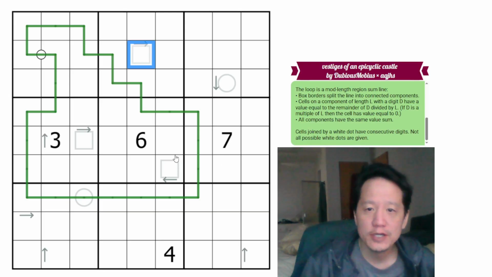The loop is a mod length region sum line. What does that mean? Box borders split the line into connected components.